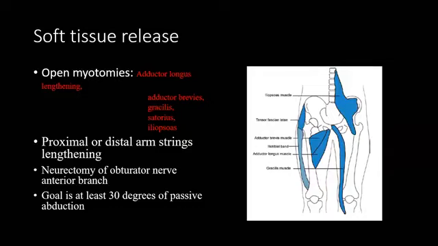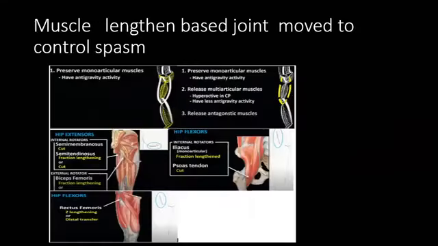The cartoon on the side is trying to depict the muscles you are going for. Note the biarticular and the monoarticular status of the muscles. Muscle lengthening is based on the muscle you want to control. The monoarticular muscles are usually anti-gravity, so take care of them when you are doing the release.